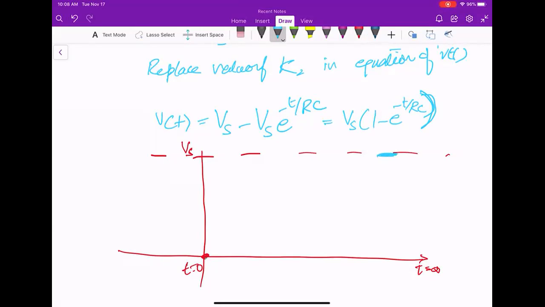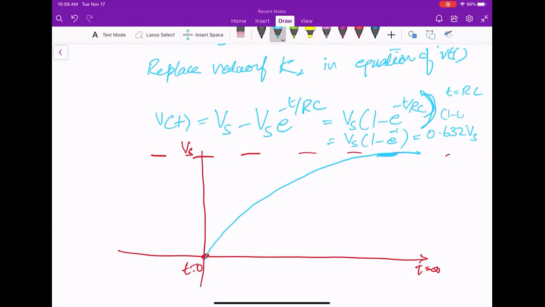So ultimately, the graph will be something like this, right? And if you see at t equals RC, or t equals tau, it will be Vs times 1 minus e to the minus 1. So it's not the 0.368 value, but it is 0.632 Vs, right?